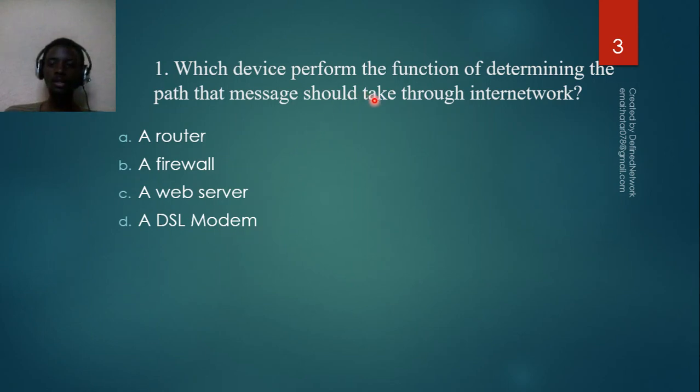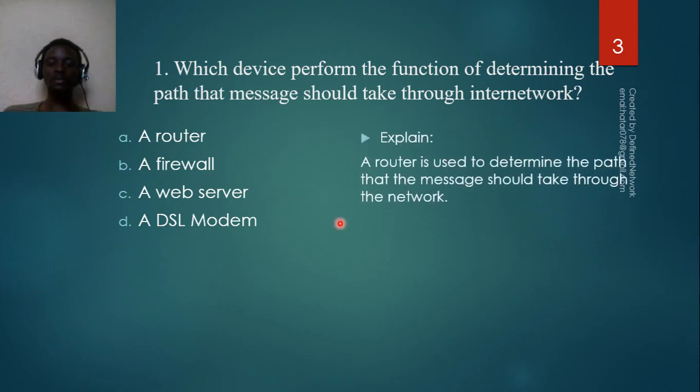Which one determines the path that the message should take? Remember, an internetwork is a network that brings together different networks. So which one then? Let's first get some explanation.